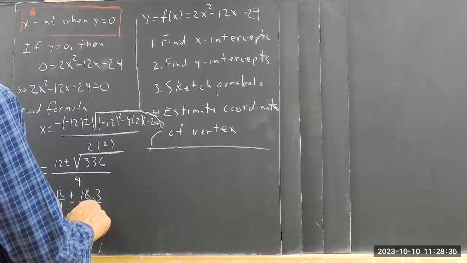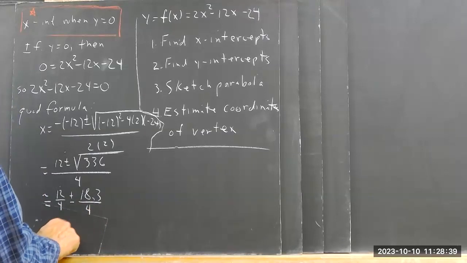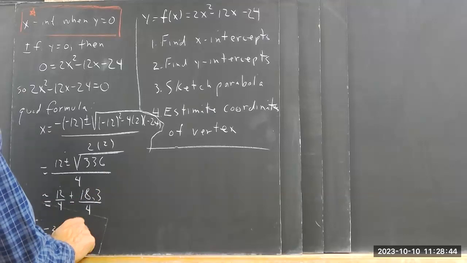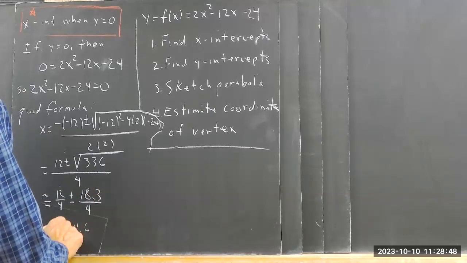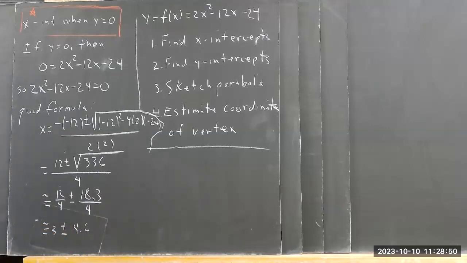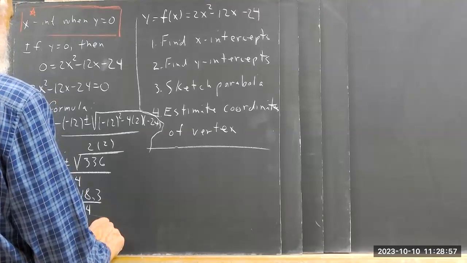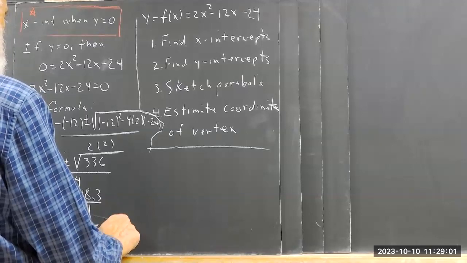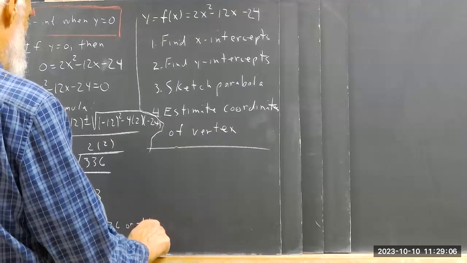I don't think it's 18.2, and I don't think it's 18.4, but it might be one of those. 18.3 over 4 is 4.6 approximately. Okay. 4.575. We'll just round that up to 4.6. And that equals 7.6 or negative 1.6.